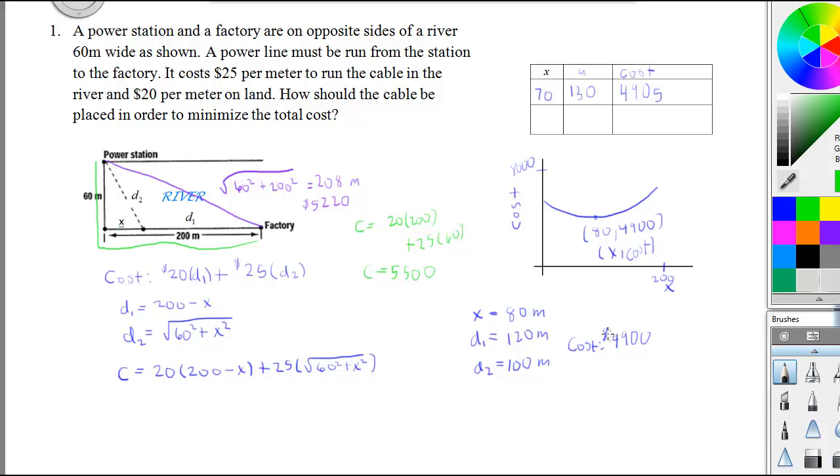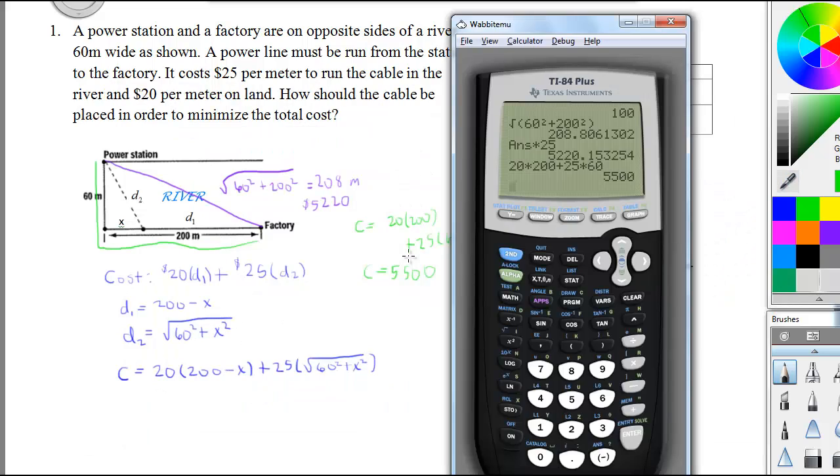So the optimal cost is $4,900, and then the extremes, the endpoints of the function: if x is 200, you get 5,220, and if x is 0, you get 5,500. And you could check that on your graph as well.